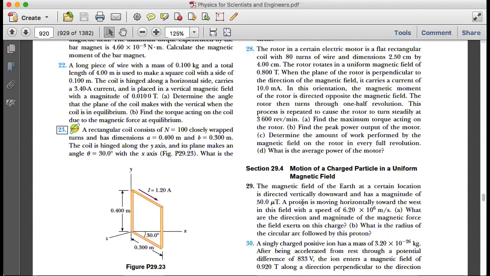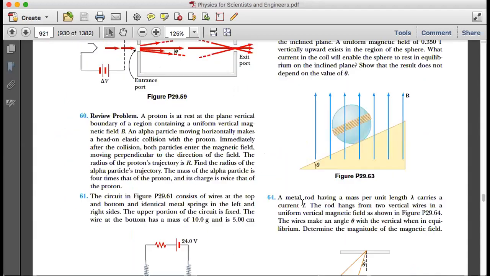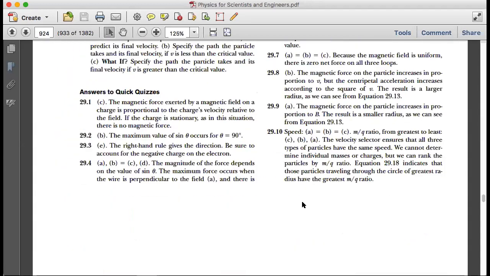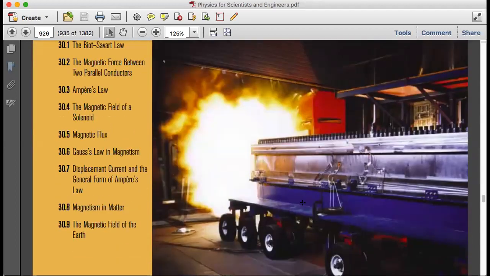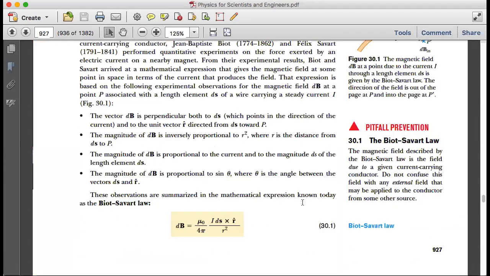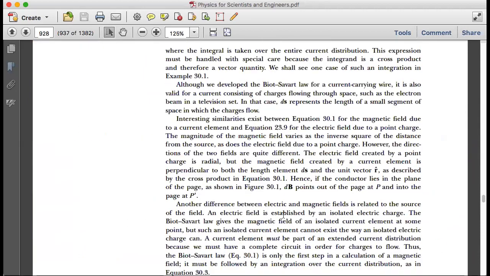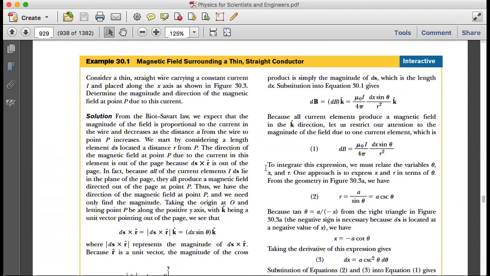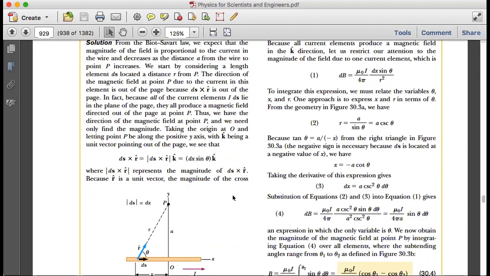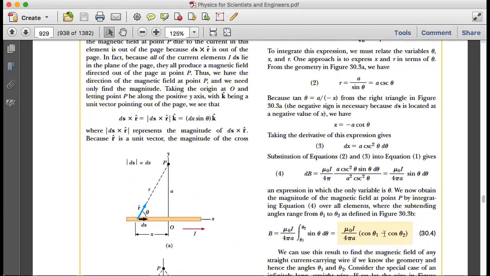Kemudian kita membahas sumber dari medan magnetik. Contohnya adalah kawat berarus menurut hukum Biot-Savart. Ada persamaan 3.1 dan kita ambil contoh untuk kawat berarus, seperti ini cos theta 1.